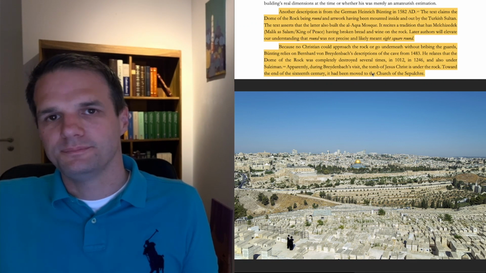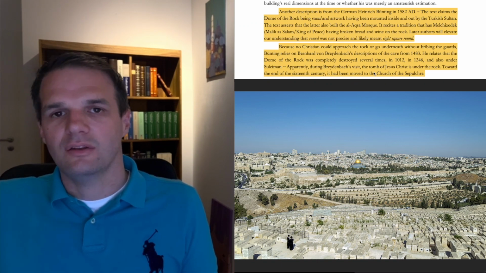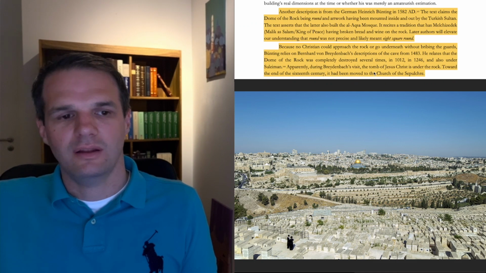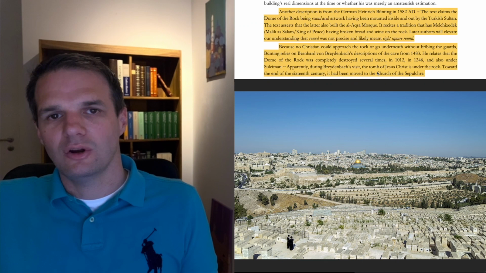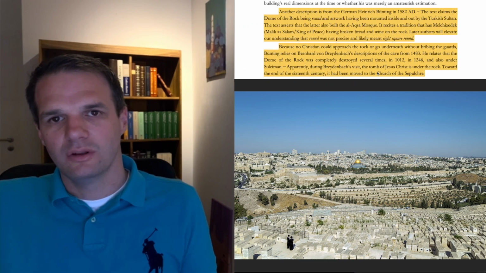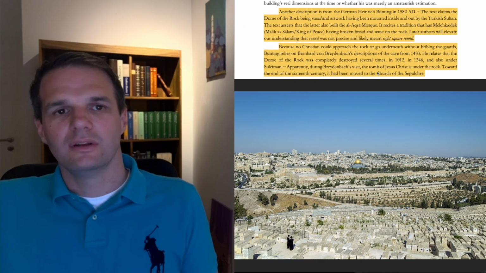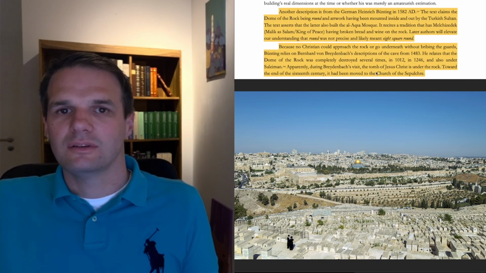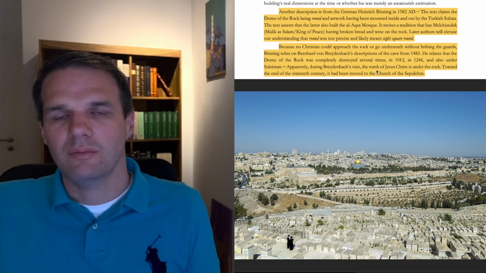We've seen already before that they could differentiate between an octagon and a circle. We have had at least two pilgrims who've described the Dome of the Rock as having an octagon base building and then a round dome rising above it. So clearly they can differentiate between round and 8 square round, whatever that means.